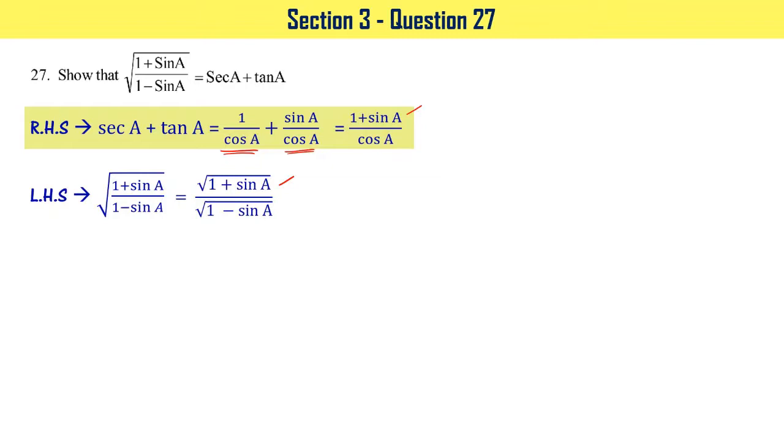If I multiply the whole of the LHS, both numerator and denominator, with square root of 1 plus sin A, then we are going to simplify this such that numerators of both RHS and LHS are going to be equal, right?